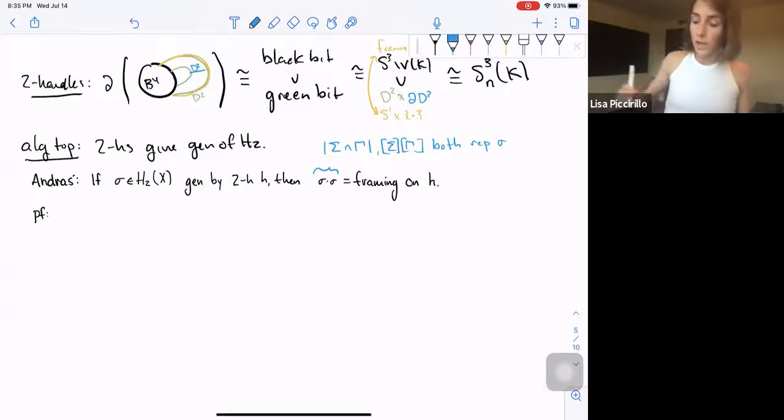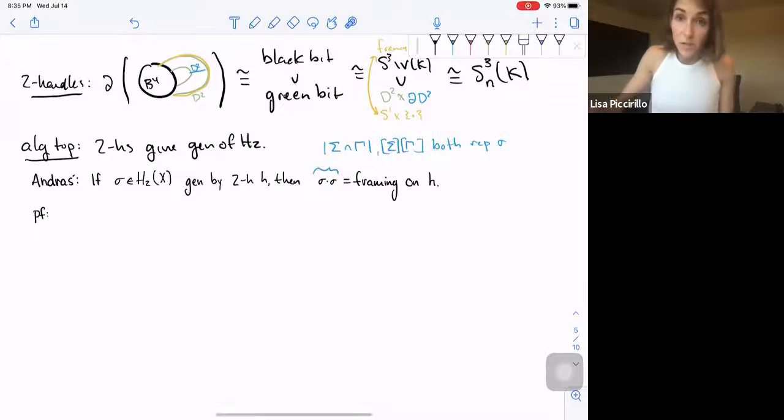So to make this computation, what we're going to try to do is, for some two-handle, write down two surfaces, sigma and gamma, that both represent the homology class coming from that handle, and then look at their intersection and try to count how many points are in it.